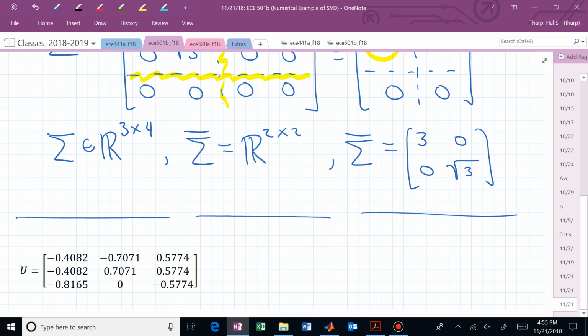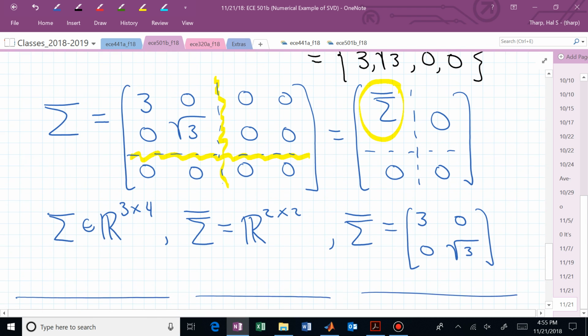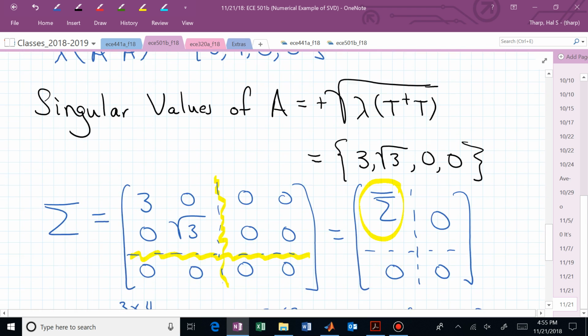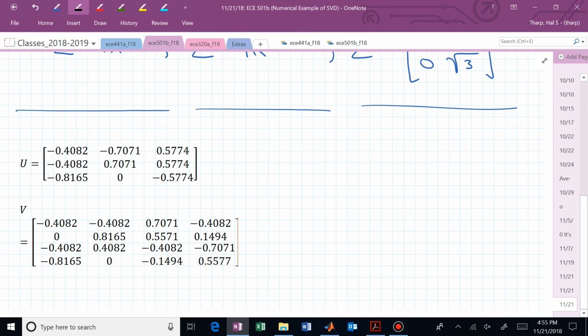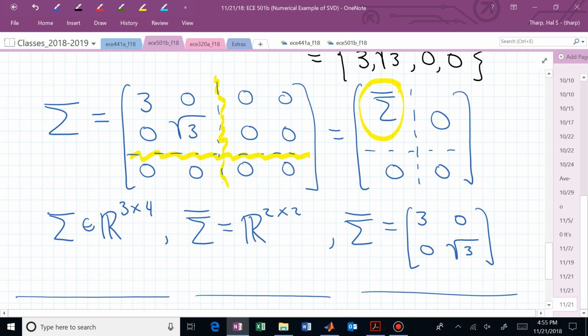We want to compatibly partition U and V. Doing that says that, in terms of U, remember that U is an orthonormal basis, and two of those vectors are going to get scaled by 3 and the square root of 3 when we multiply by sigma.